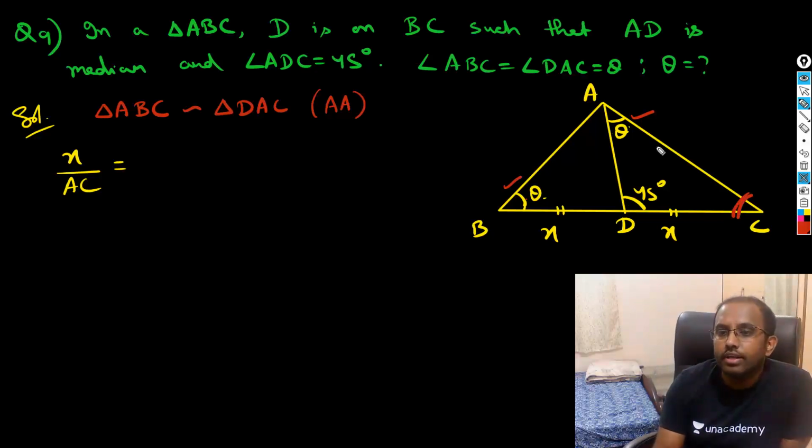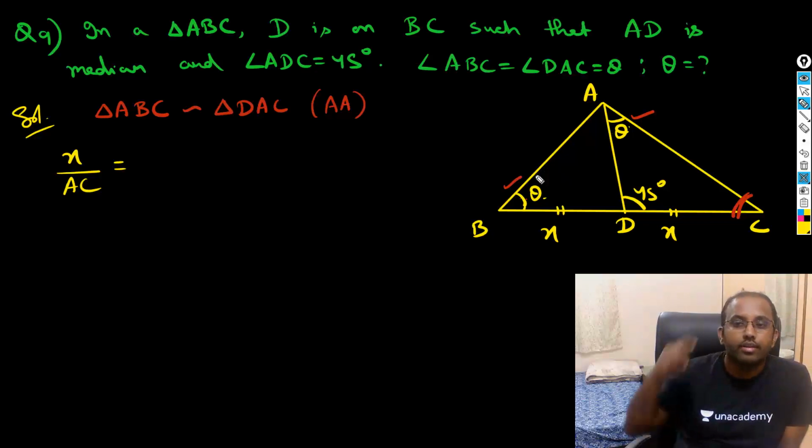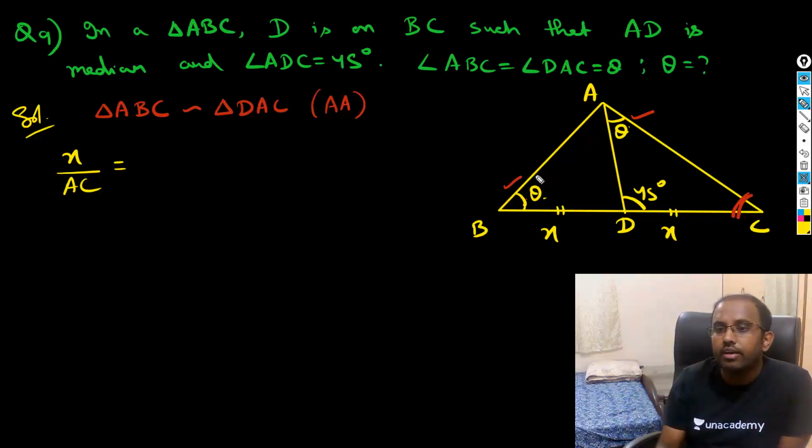So now for theta, I've taken triangle ADC in the numerator. Here theta opposite is x, and here theta opposite is AC. So x upon AC. Similarly, in angle C, opposite is AD, and in the bigger triangle, angle C opposite is AB.